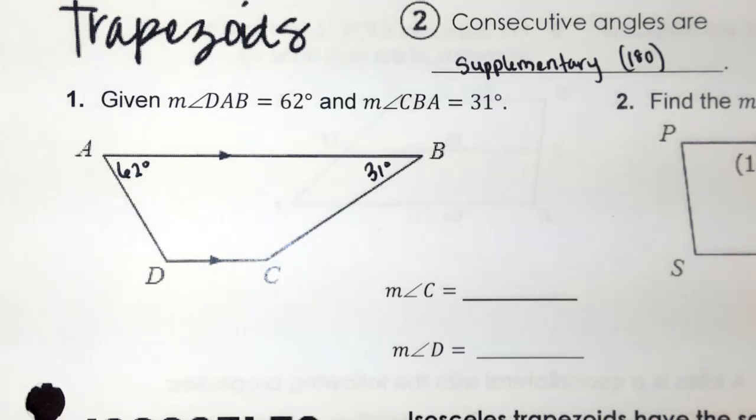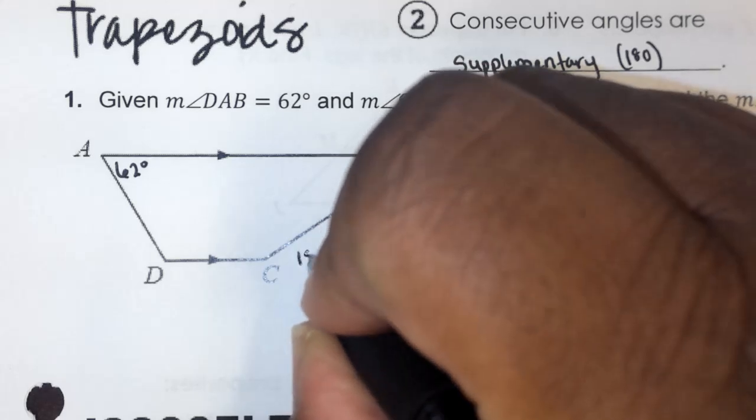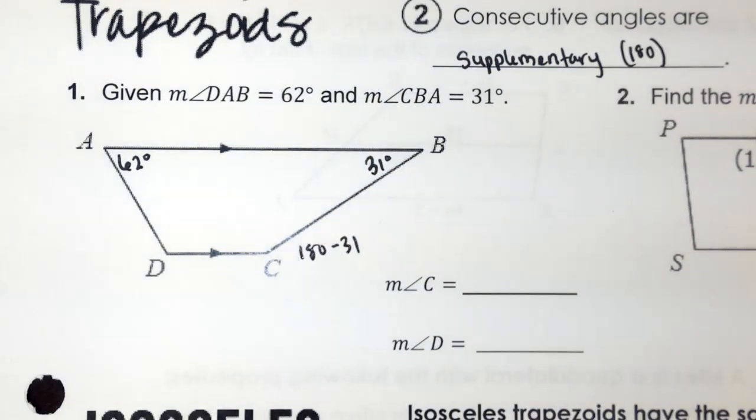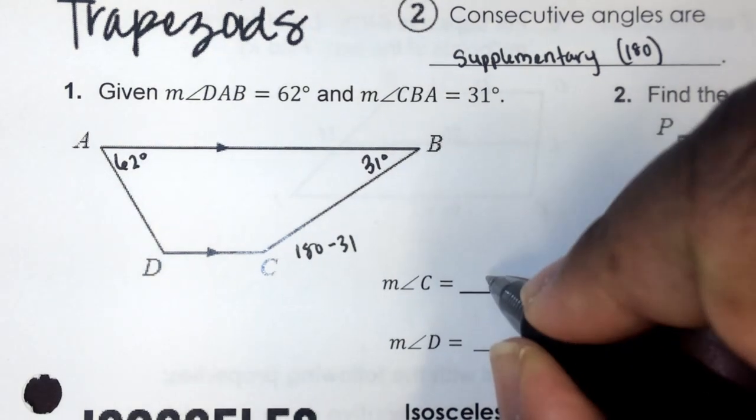They want the measure of angle C and the measure of angle D. Ruiz, how would you find the measure of angle C? 180 minus 31. 149.